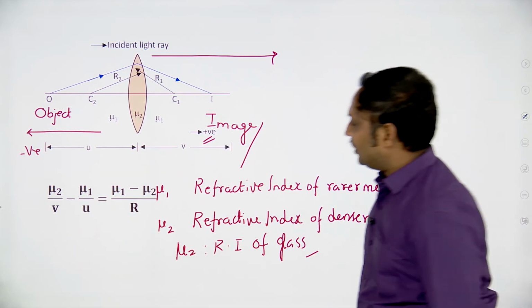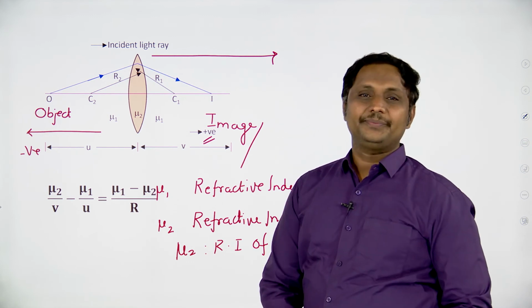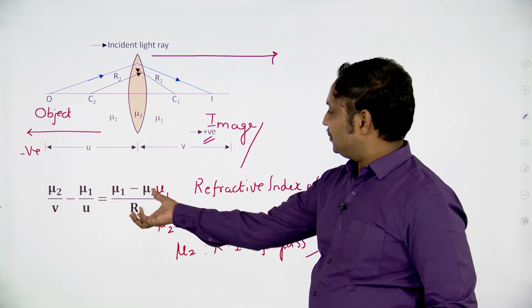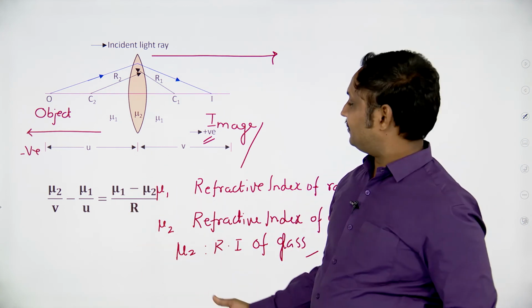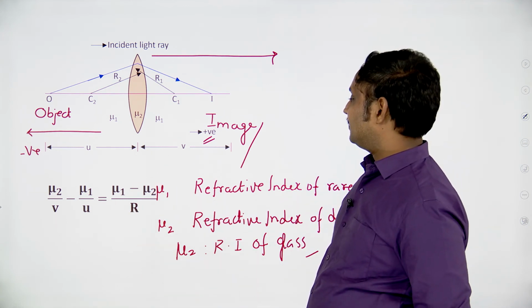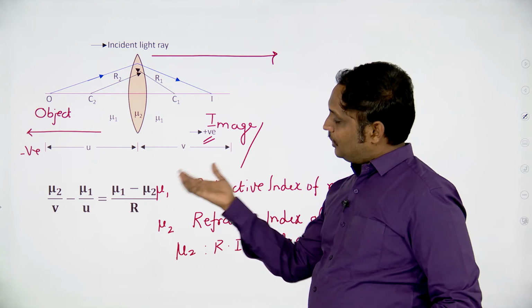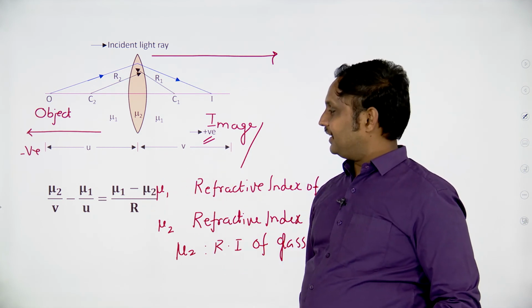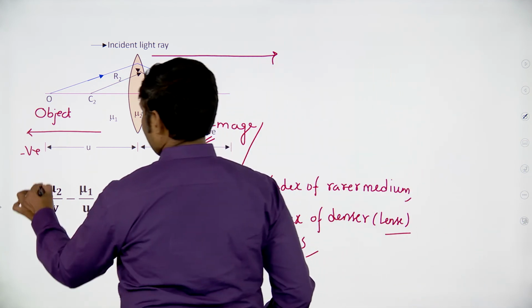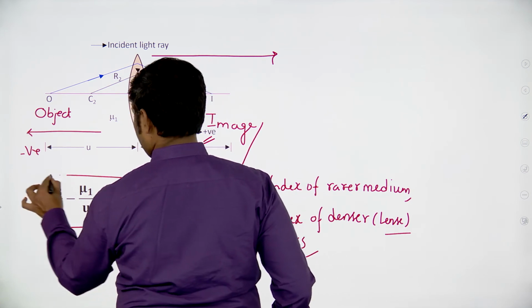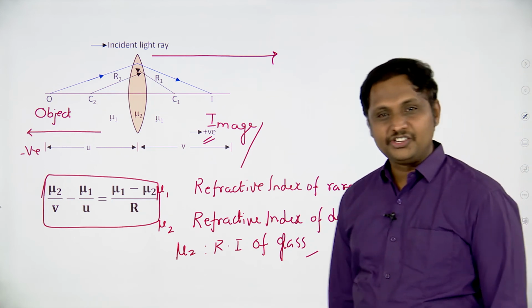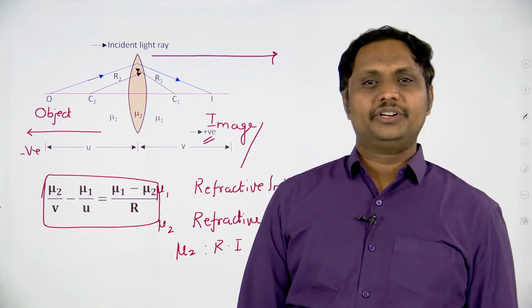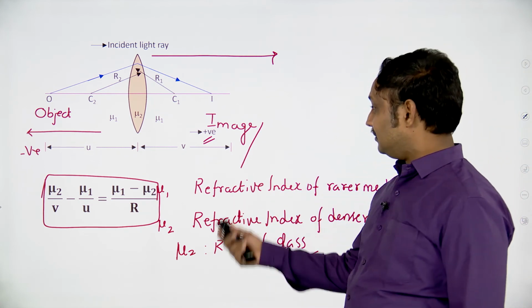We all have the relation we discussed in the previous classes, between U and V. That gives the relation between image and object distance and the R value.